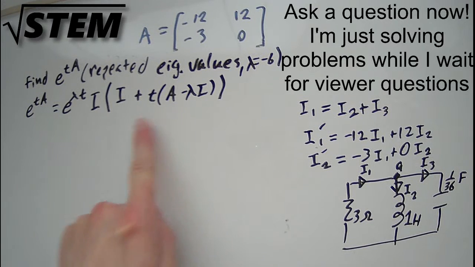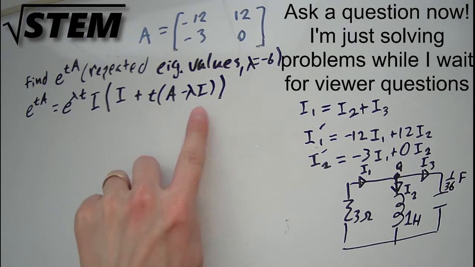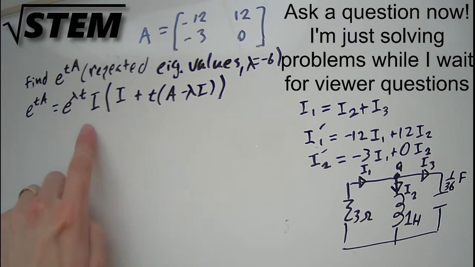And we can see this is a bunch of scalars multiplying matrices and then matrices adding together. So this will give us a matrix value at the end of it. It won't turn into a vector or a scalar or anything.